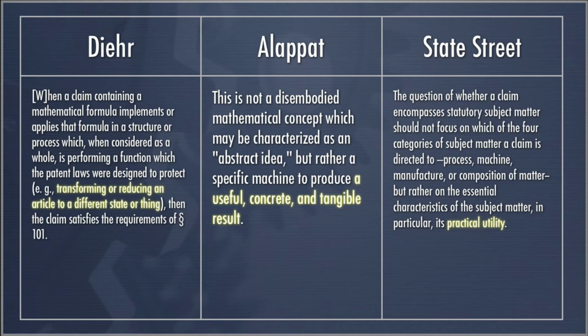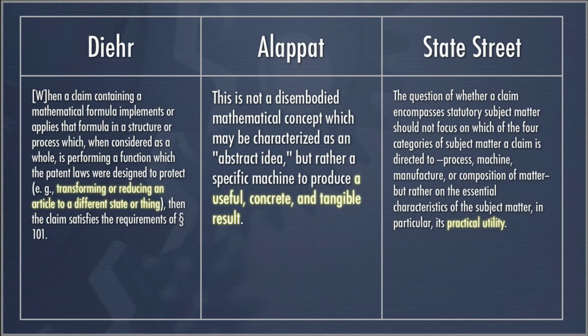And then State Street says the question of whether a claim encompasses statutory subject matter should not focus on which of the four categories of subject matter the claim is directed to, but rather on the essential characteristics of the subject matter, and in particular its practical utility. Note again, it's a slight move, right? Instead of useful, concrete, and tangible result, it's practical utility.